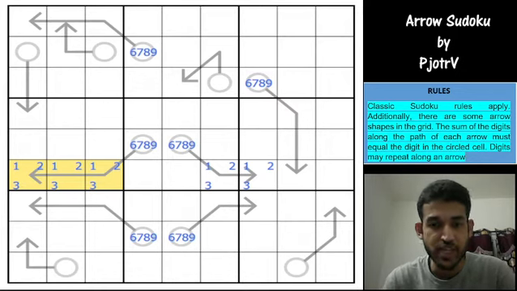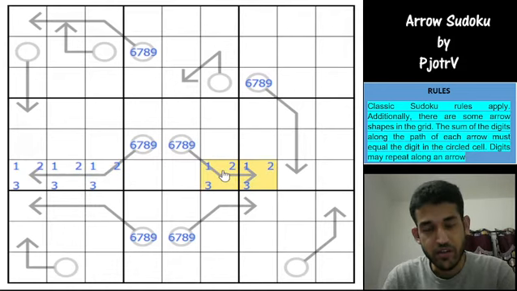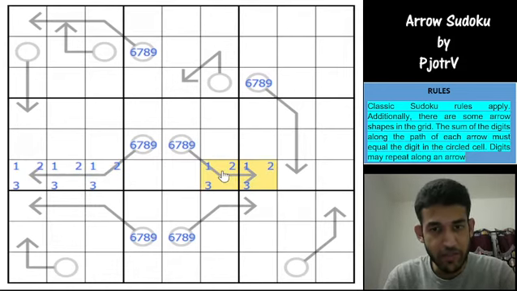So let us, for example, check what is the minimum sum without the 3. So 1 plus 2 plus 4 plus 5 plus 6, which gives you 15, plus 3, which is 18. So which means that you can be certain that 1, 2 and 3 will be in these 5 cells, right?